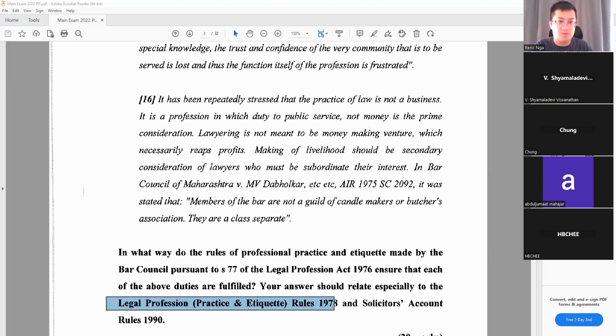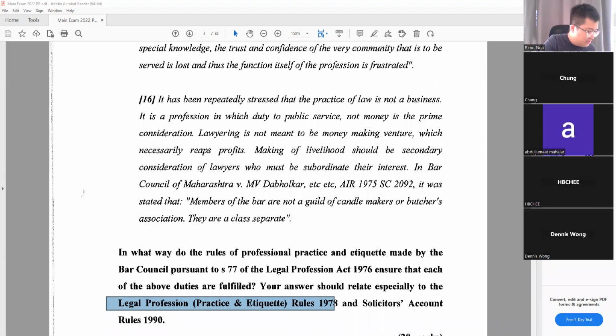Rule 11 says that in determining the amount of fee for litigation or a contentious matter involving representation of a client in court, it is proper to take into consideration A, the time, labor, and skill required; B, the novelty and difficulty of the question involved; C, whether acceptance of the particular employment will preclude his appearance for others of which he has reasonable expectation.